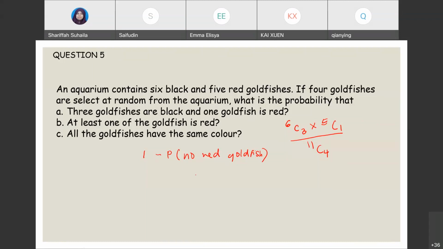Okay, so you will have here 1 minus, okay, no red goldfish, so that means 5 choose 0, and then 6 black, we choose 4, divided by 11 choose 4. Okay, so that one will give you 0.9545.